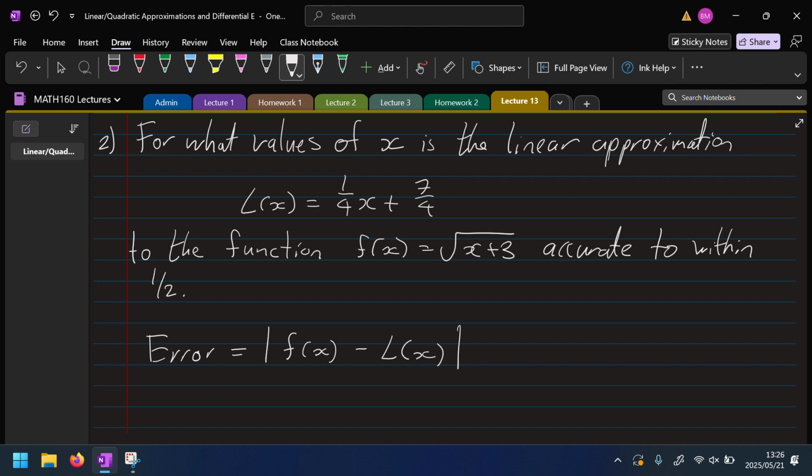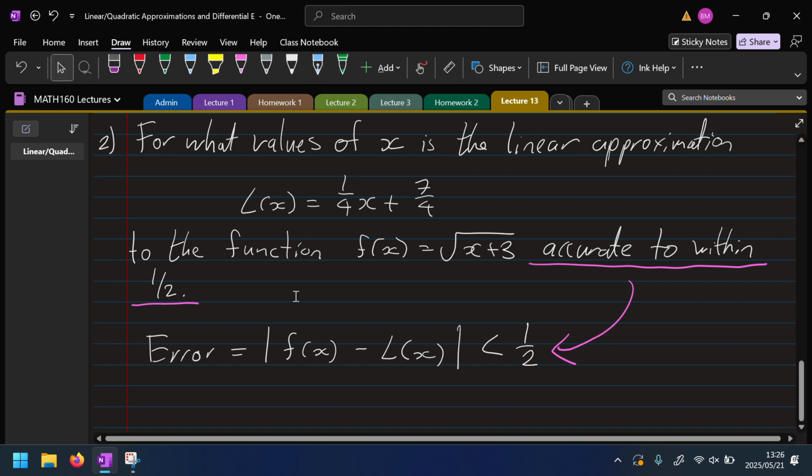Whatever that difference is, that's the error. And we want the error to be less than a half. So we want all of this to be less than a half. That's what we mean by accurate to within a half: the error is less than a half. Any issues with that?